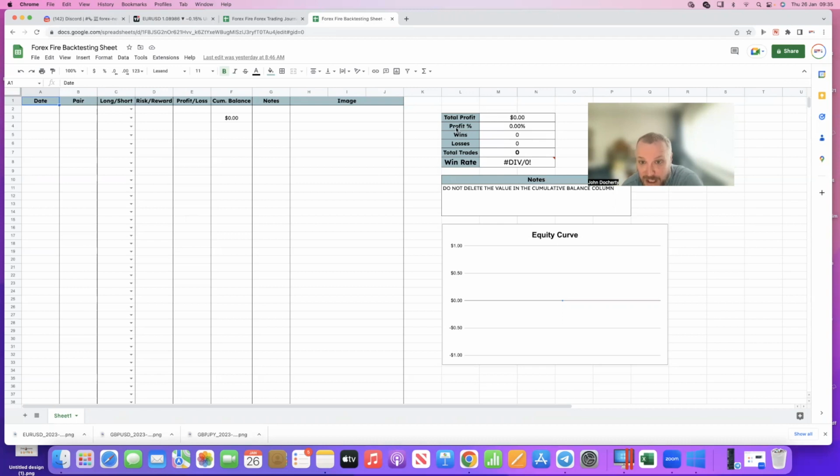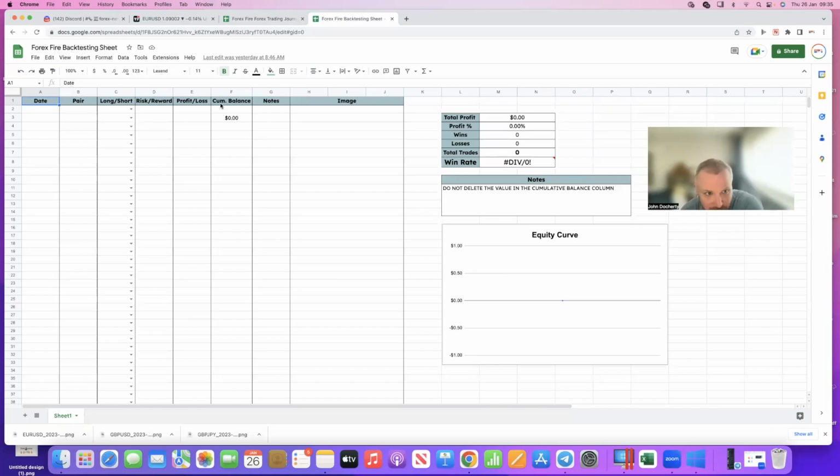It's going to do your percentage growth. It's going to give you your wins, your losses, and your total trades, and it'll also work out your win rate. And on the notes, obviously you don't want to delete this first cell because it's got a calculation in there, and then it's going to give you an equity curve as well.